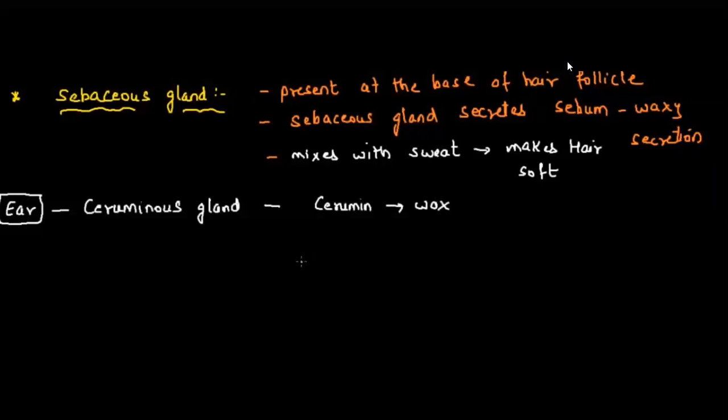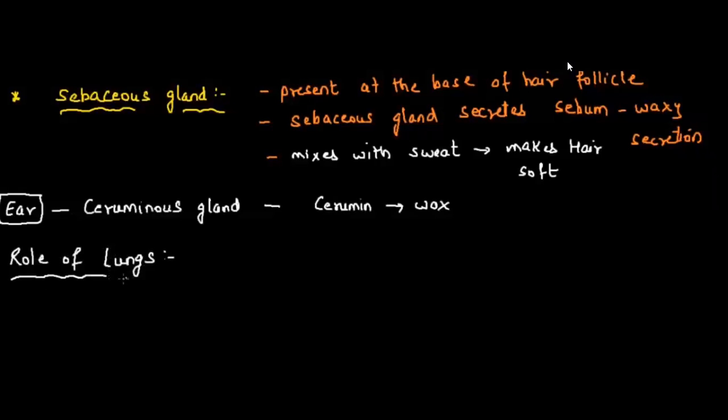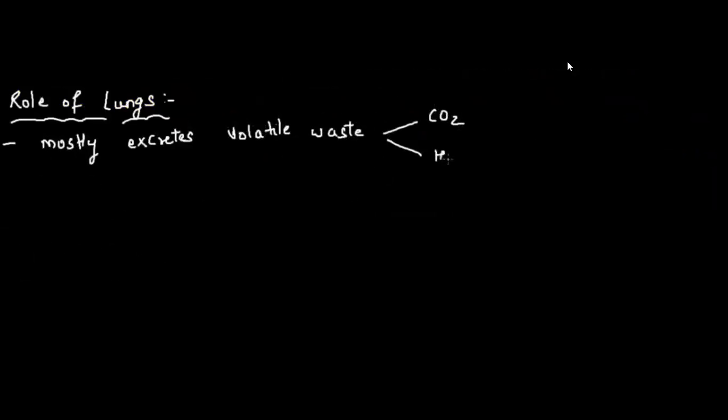Now wax is also a type of excretion. It is removal of waste. If there is excess waste present in the ear, it will be removed. Then we have the role of lungs, as we discussed earlier. Lungs are involved in breathing. They help in taking in oxygen and giving out carbon dioxide, and they excrete volatile waste.